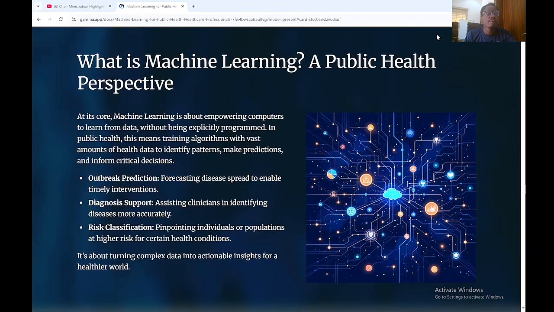Before we start, we might want to know what machine learning is from the public health perspective. At its core, machine learning is all about empowering computers to gain insights from data that you pass to them, without being explicitly programmed.